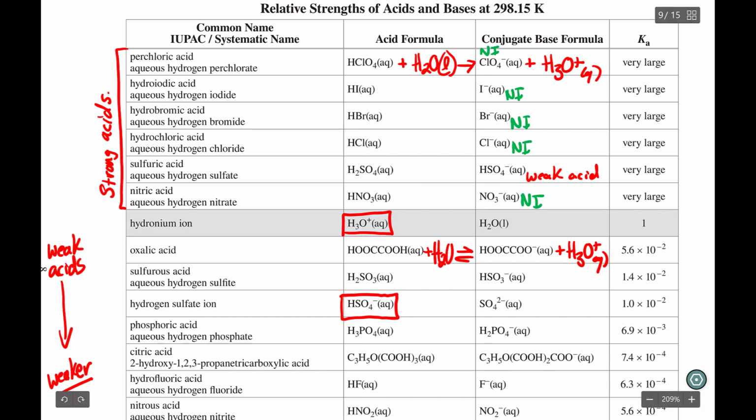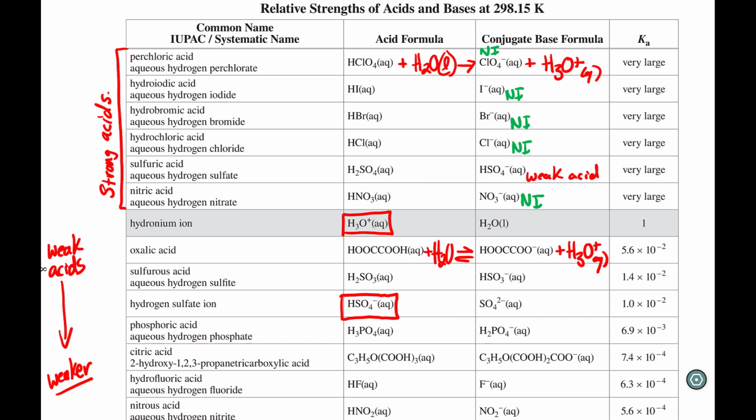A base is a proton acceptor. So, if I minus happened to come across a hydrogen ion, so a hydrogen ion came close to it and was like, oh, you're negative, I really like you, it would turn into HI and immediately ionize and turn back into I minus and H3O plus.